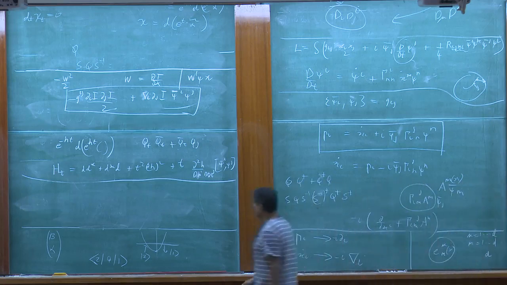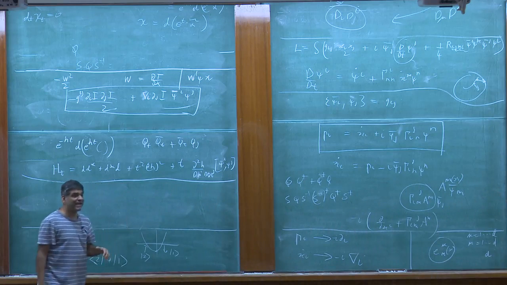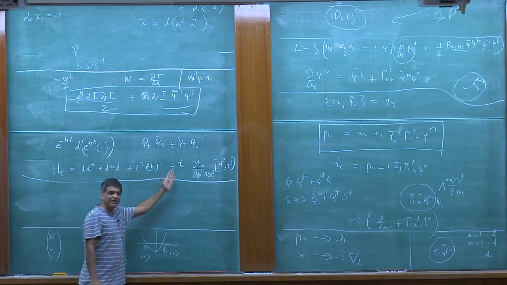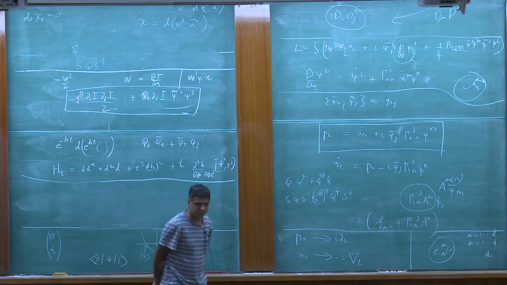Now we're back in our semi-classical world, because we're doing an approximate calculation in the limit of very large t.